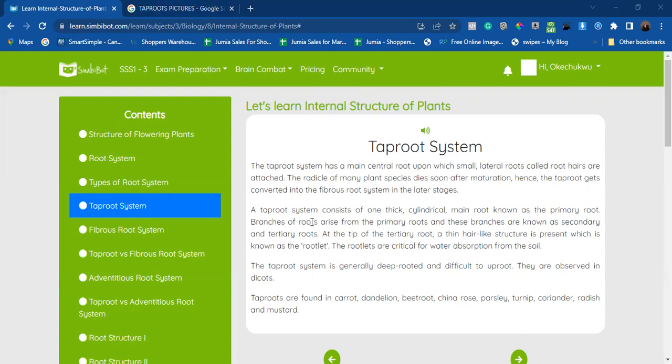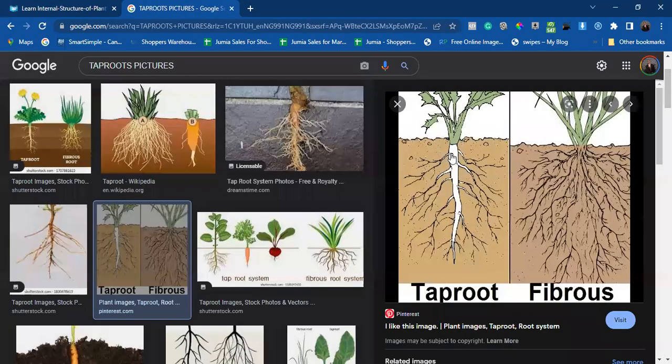Looking at the picture again, this big one is the primary root, while these extensions are regarded as the secondary roots.